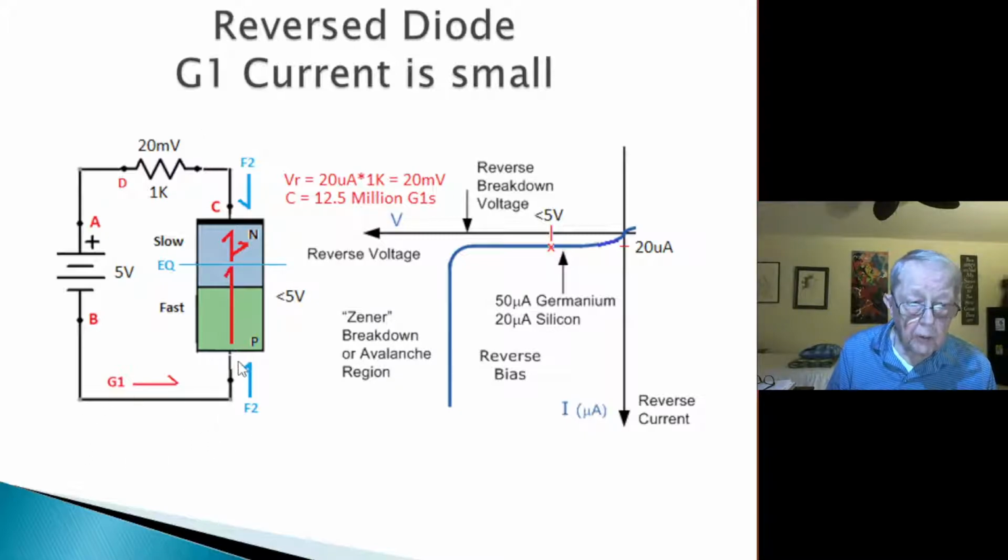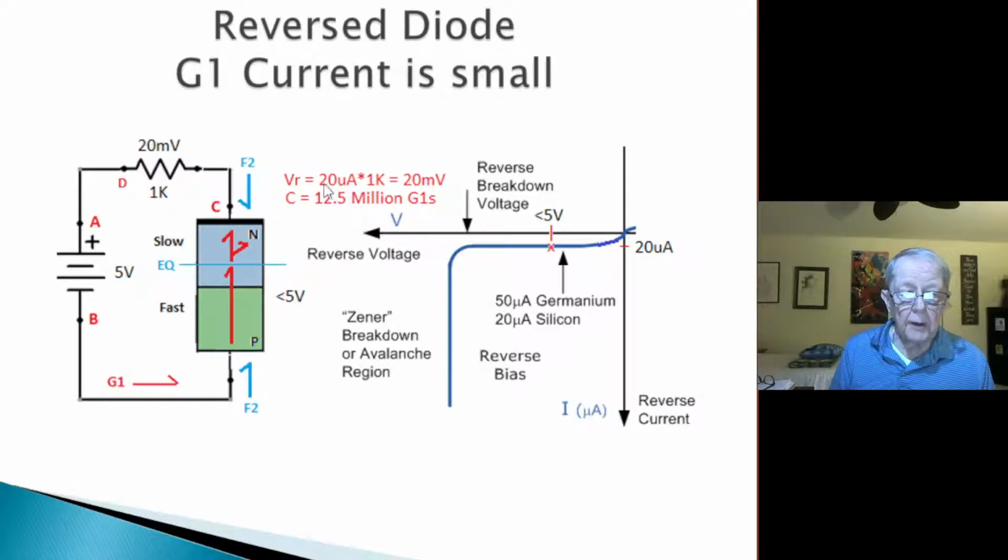G1 current in this case is going the same direction, whether it's forward bias or reverse bias. So it's positive current and positive voltage, and the operating range shows that you've got 20 microamps of current typically. This is the operating point I picked. It's sitting around 5 volts and 20 microamps of current.